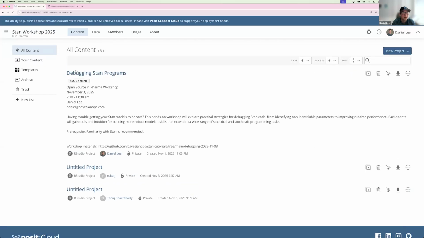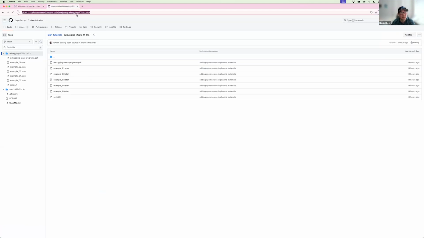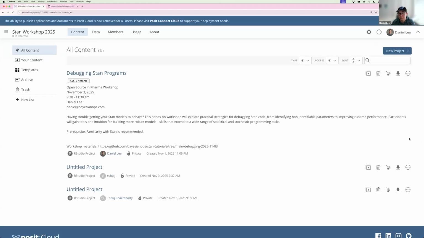For any of the other attendees, if you want to use RStudio Cloud, I think it's called Posit Cloud now, click on the link that Phil posted, and you'll get into a space.